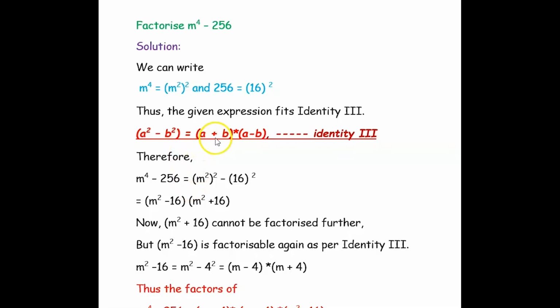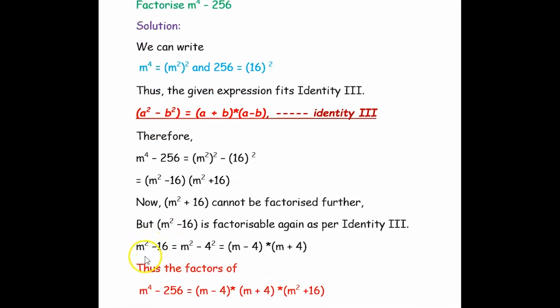Applying this identity, we can write m raised to the power 4 minus 256 as m square minus 16 into m square plus 16. The term m square plus 16 cannot be factorized further, but m square minus 16 can be factorized further by applying the same identity.